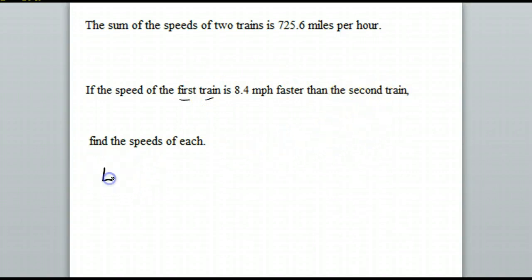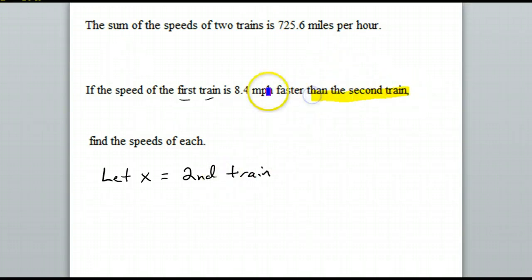So we're going to let x equal the second train speed. If that's the second train speed, then everywhere I see the second train, I get to put an x there. So the first train equals 8.4 miles per hour faster.